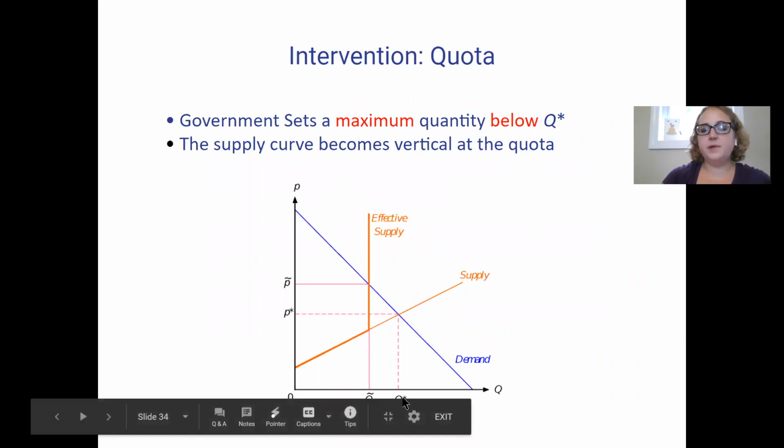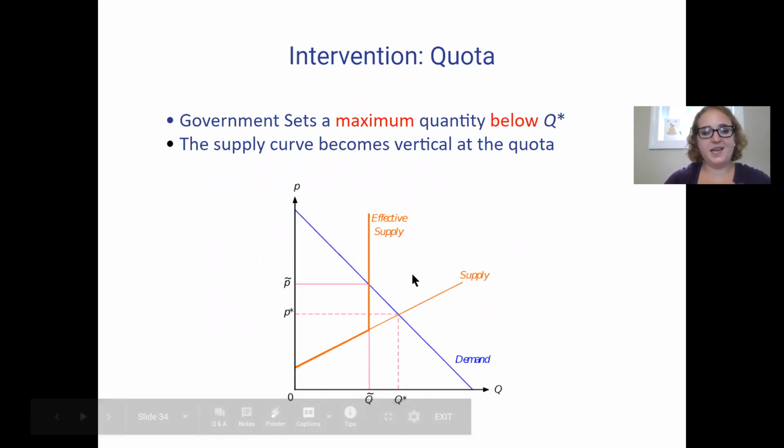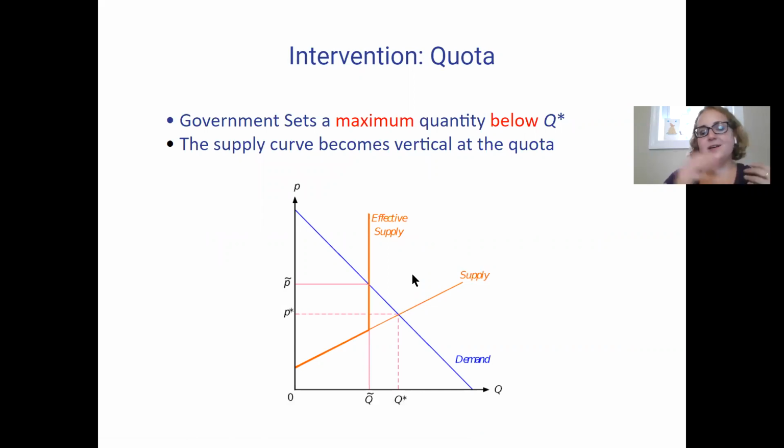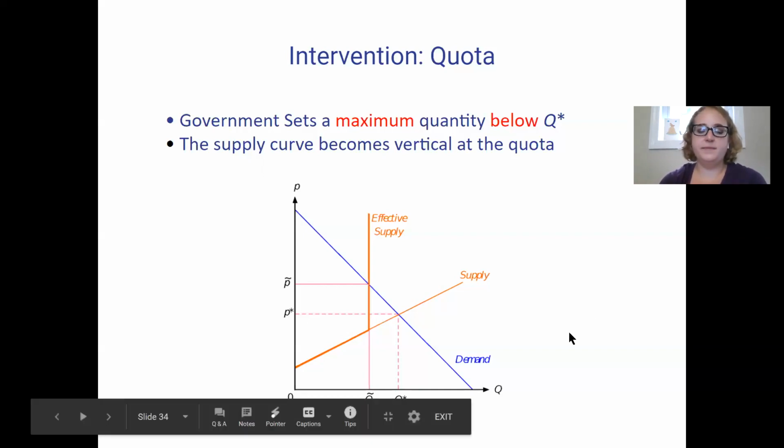And it should be below the quantity in equilibrium. The same story, we were selling 100 units, but the government says you can't sell more than 150. That doesn't cause any problems. When they say you can't sell more than 80, that's a problem. We're going to have a change in the market. So something below the equilibrium.